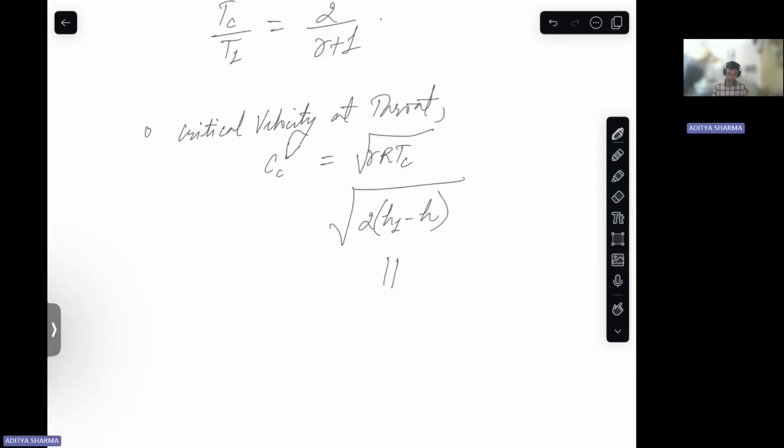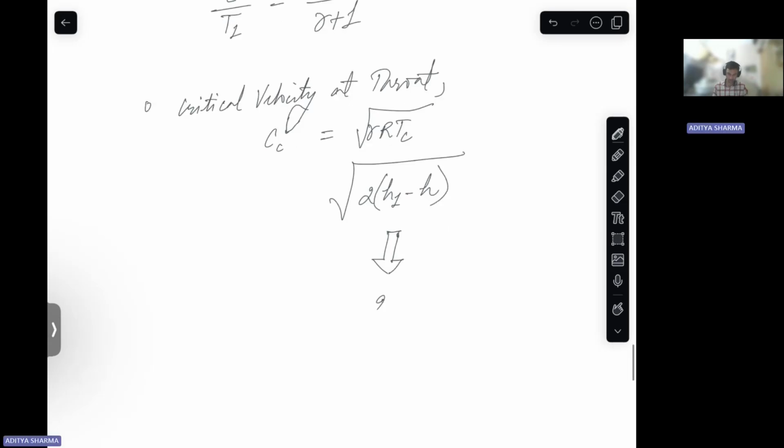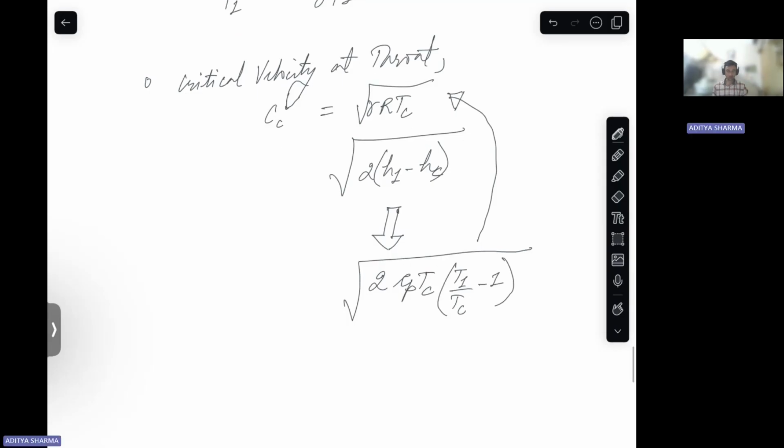And this can be derived to give this. So this is your critical velocity at the throat.